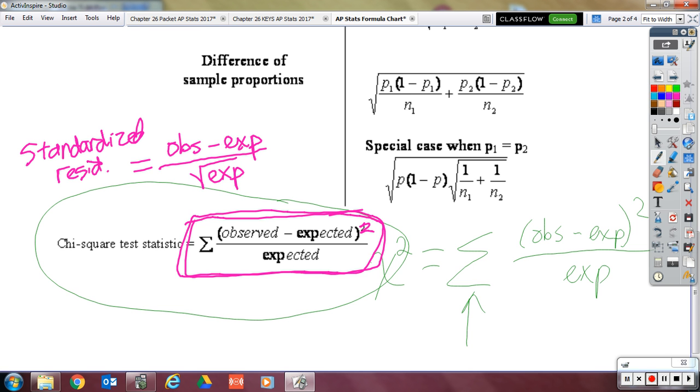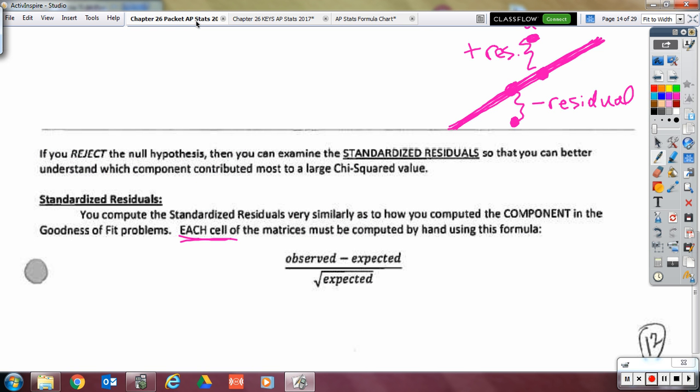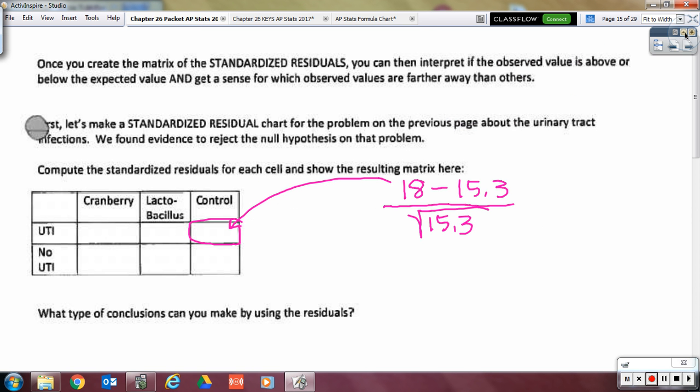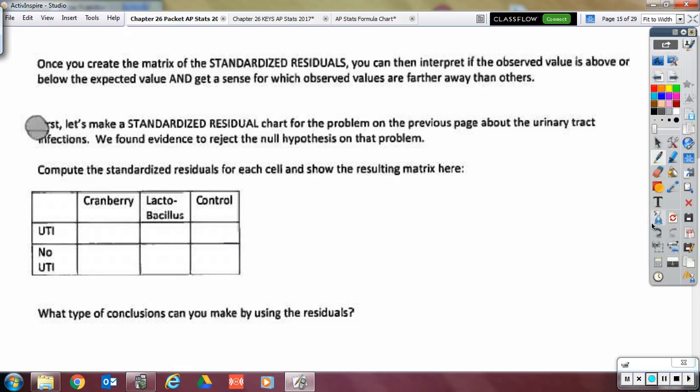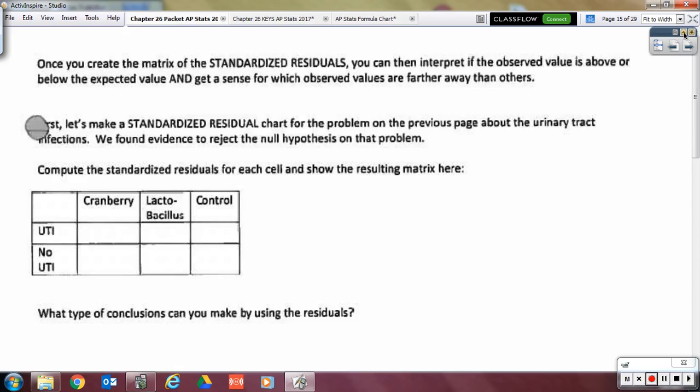So let's do that. Up here at the top of the next page, I've got a little thing ready to go. For each one of these cells, you're going to have to do the computing. Luckily, there are only 6. Let's talk about this one particular cell right here. How many observed urinary tract infections were there for the control group? There were 18 observed.